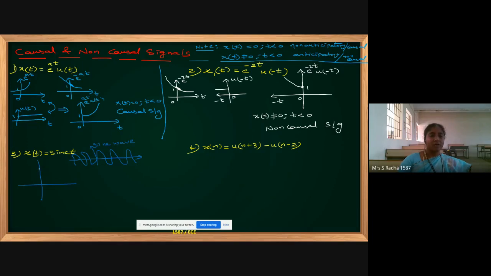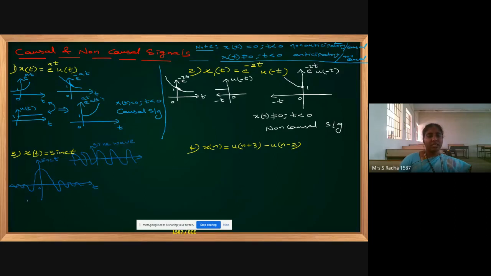The major lobe at the center, at the origin, will have the maximum, like a cosine signal, it starts from the y-axis. On both sides, the amplitude goes on decreasing, very close to 0. This is the sinc function. It has the same behavior as the sinusoidal, but at the center it has a major lobe and on both sides the amplitude keeps decreasing.